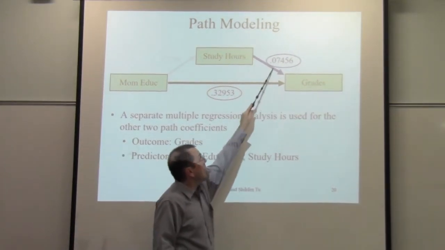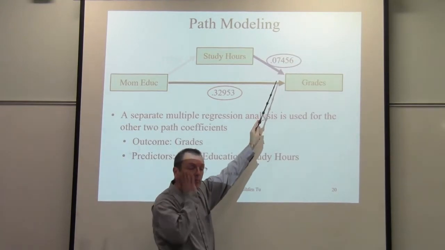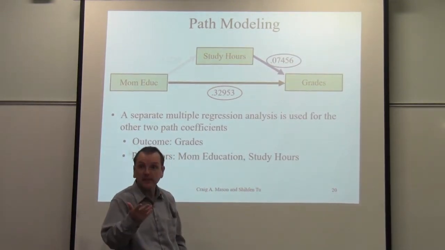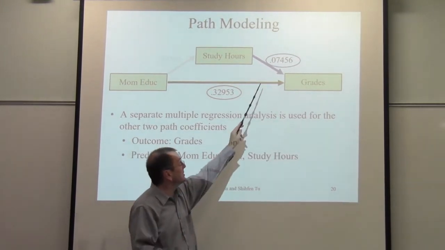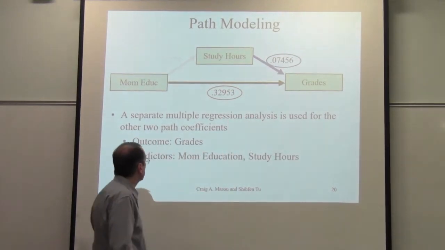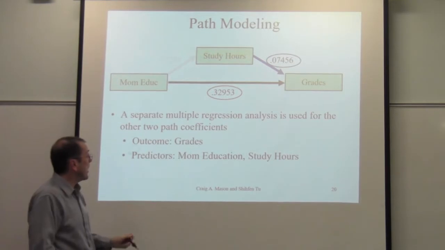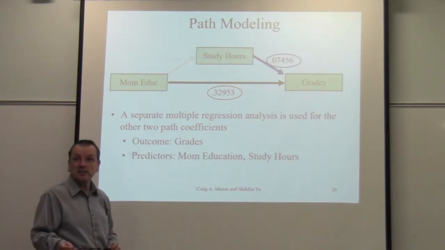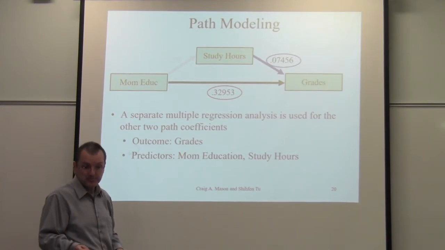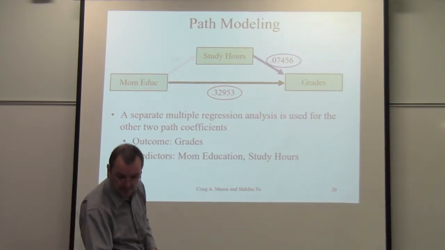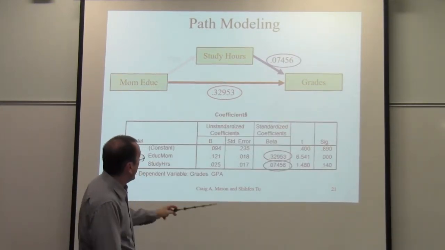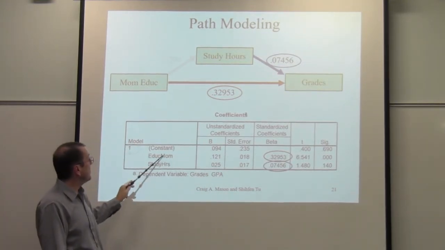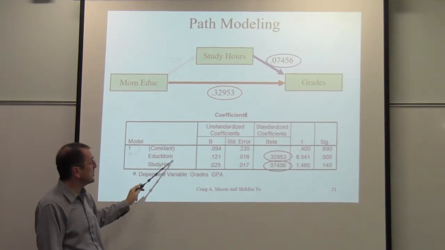And here were our regression coefficients, the paths we just calculated by hand based on the correlations, these two values. So we'll run a multiple regression predicting grades based on mom's education and study hours. Grades is our outcome, mom's education and study hours are the predictors.